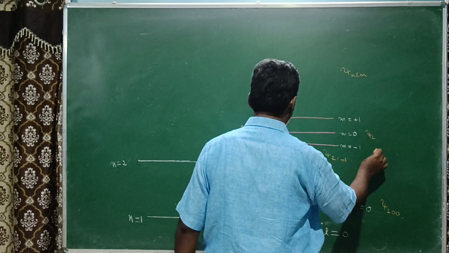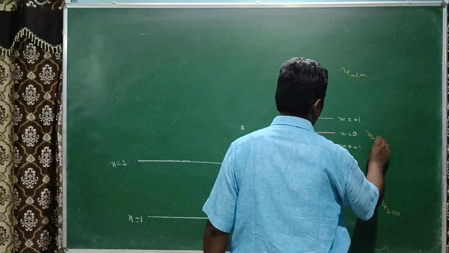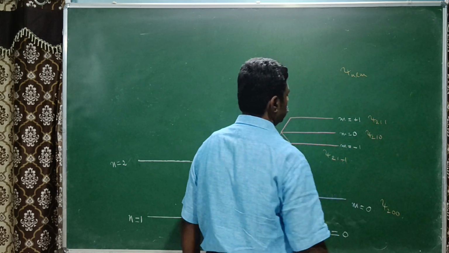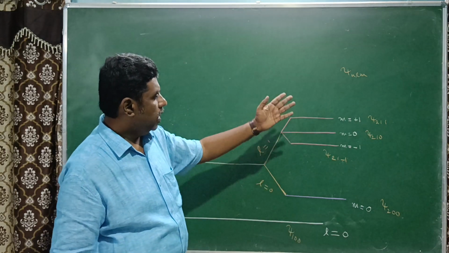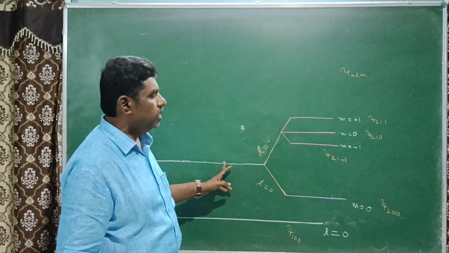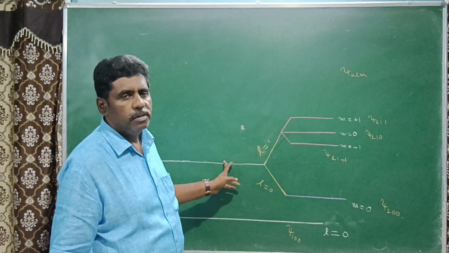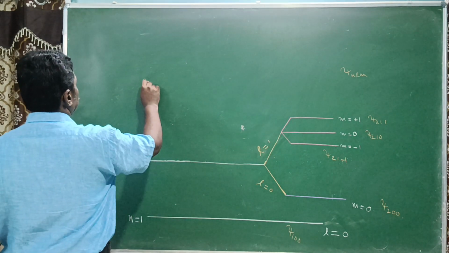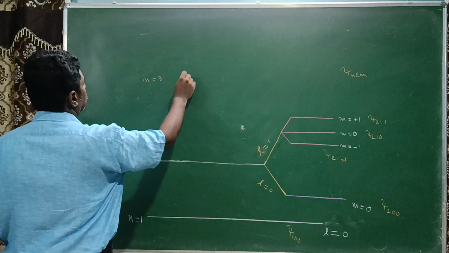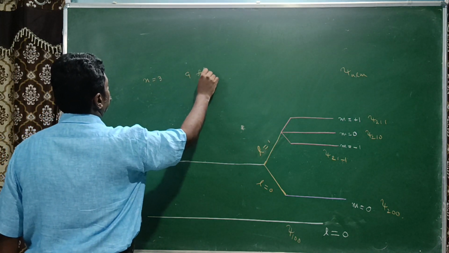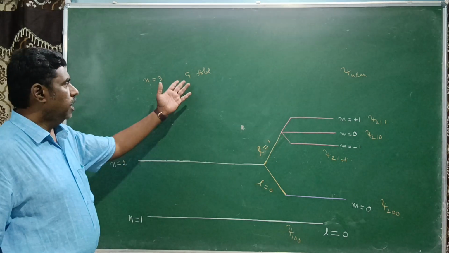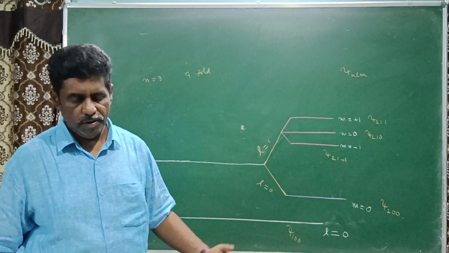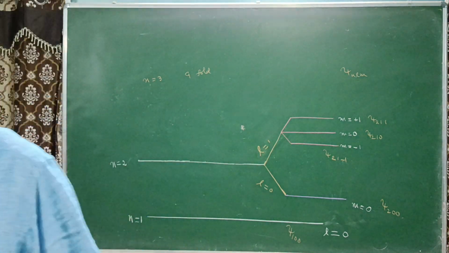This is psi 2 1 0 state. This is psi 2 1 plus 1 state. See, all the four eigenfunctions are having the same energy level. This is called the degeneracy. If n is equal to 3, the degeneracy is 9-fold. Just we can have 9 eigenfunctions corresponding to the same energy level. That's all about the energy eigenvalue of hydrogen atom.